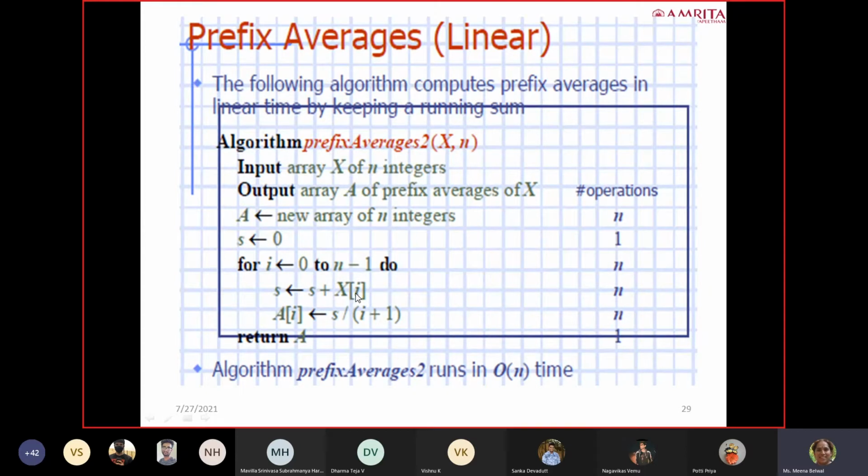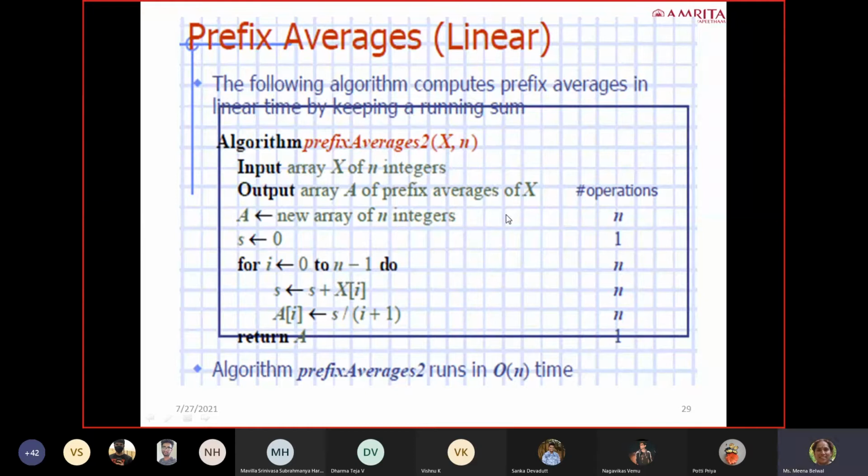Every time we need not calculate that sum. Initially S is 0, so S becomes S plus xi. These two lines are inside the for loop: Ai becomes S divided by i plus 1. This keeps calculating because you have this running sum. We call it keeping a running sum.